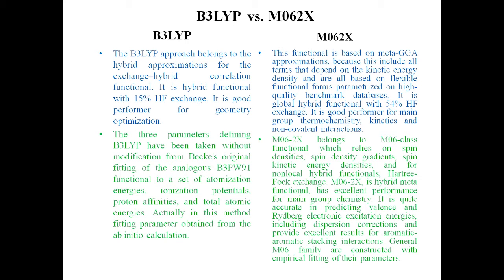M062X belongs to the M06 class of functionals, which relies on the spin density, spin density gradient, and spin kinetic energy density, and for the non-local hybrid functional, exact exchange. M062X is a hybrid meta-functional that has excellent performance for main group chemistry.